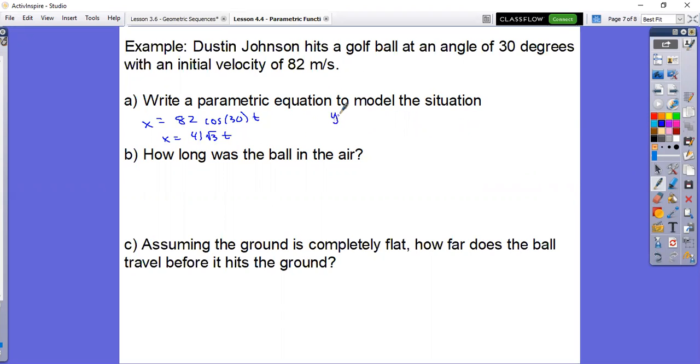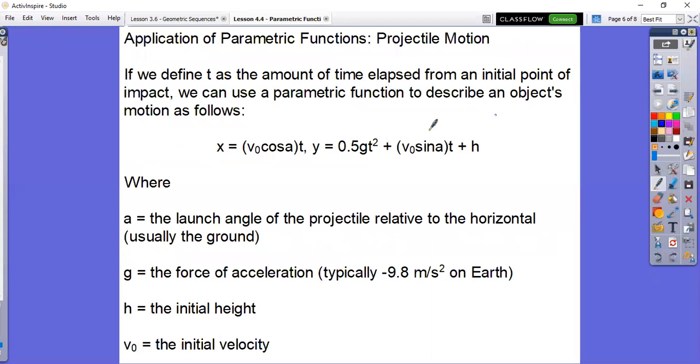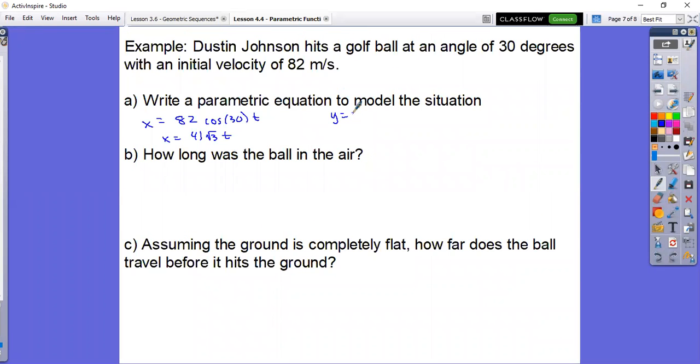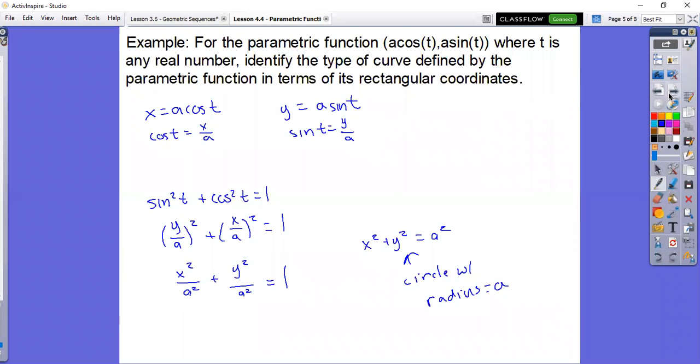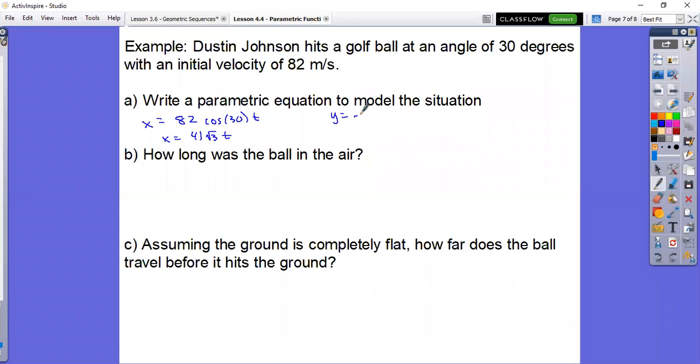Then the y coordinate is 0.5 g t squared plus all of this stuff. So 0.5 times negative 9.8 would be negative 4.9. So this would be negative 4.9 t squared plus the initial velocity, 82 times sine of 30 times t, plus the initial height.